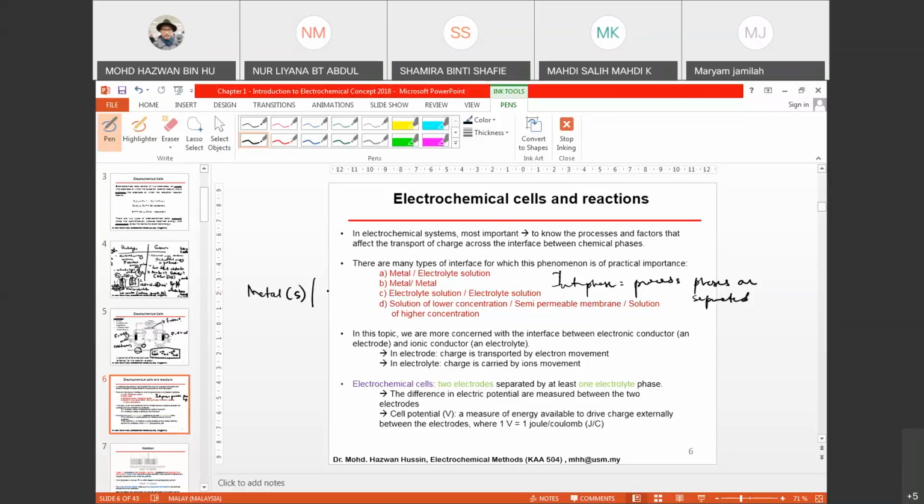So we put a slash. Slash means to separate the different phases. So you have electrolyte. The phase will be liquid or aqueous.